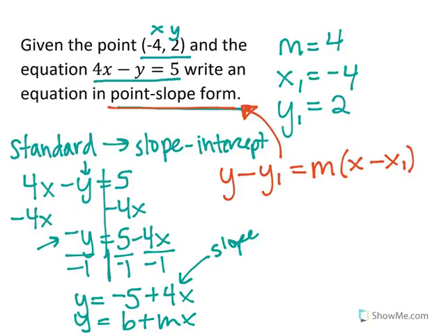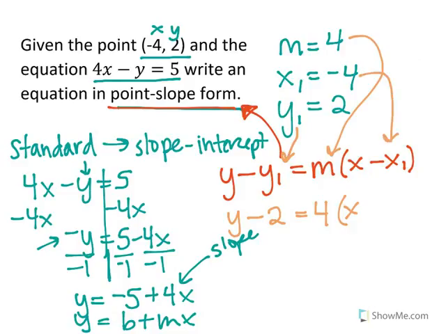So, I'm going to leave the y in my equation. I'm going to change the y1 to 2. I'm going to change the m value to 4. We're going to leave the x value. And then we're going to change this x1 to -4.